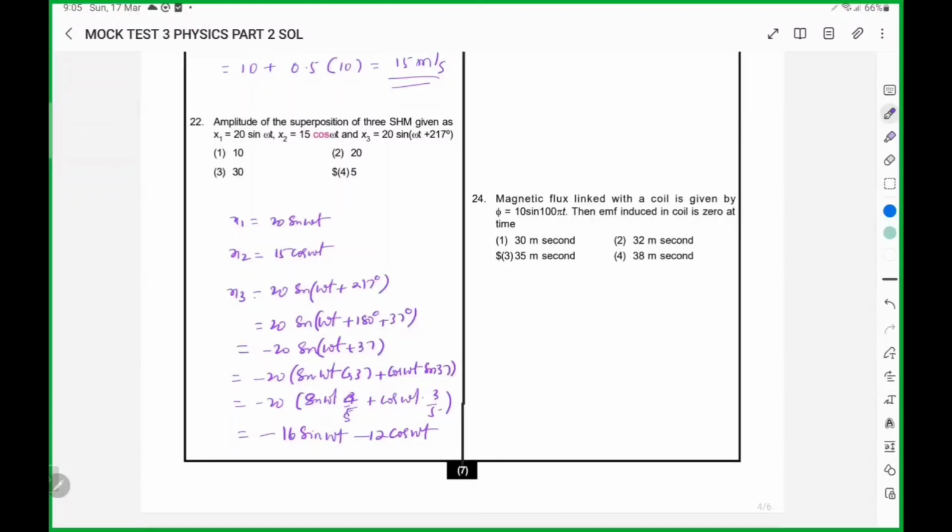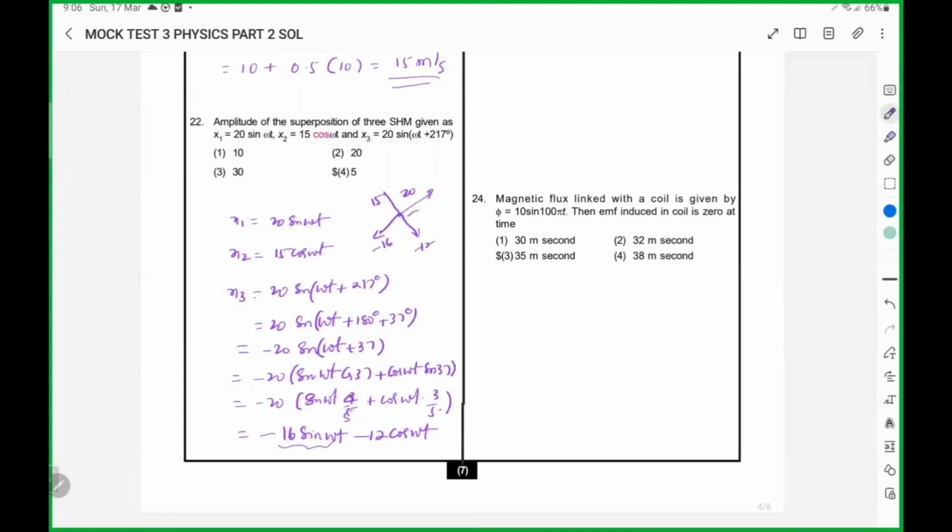So let us consider sine omega t like this, amplitude is 20. Another is cos omega t, they differ by a phase angle, amplitude 15. Other is minus 16 sine omega t in this direction, minus 12 cos omega t.